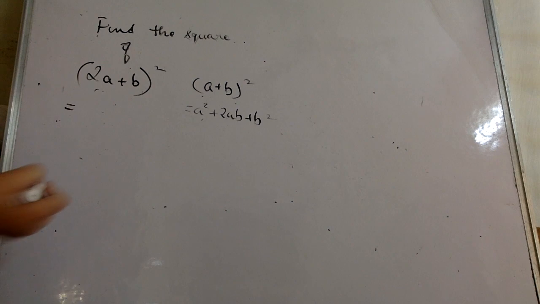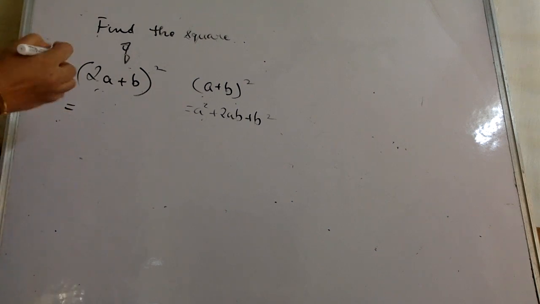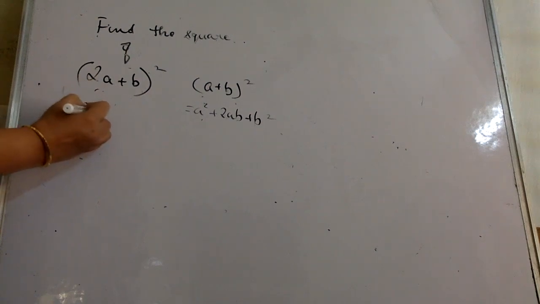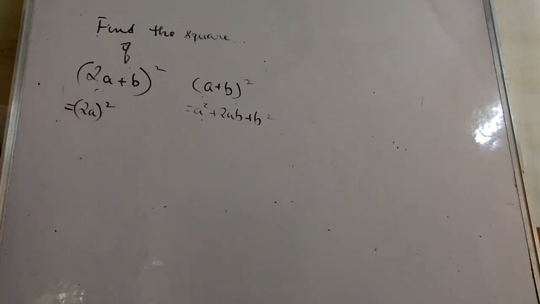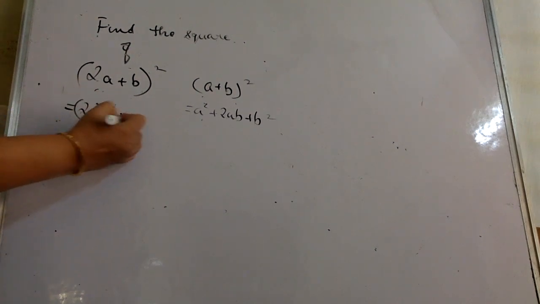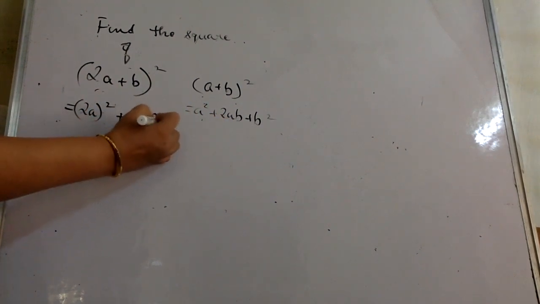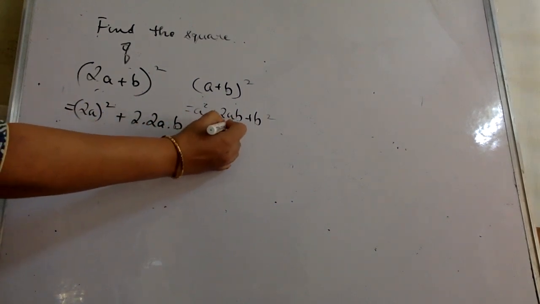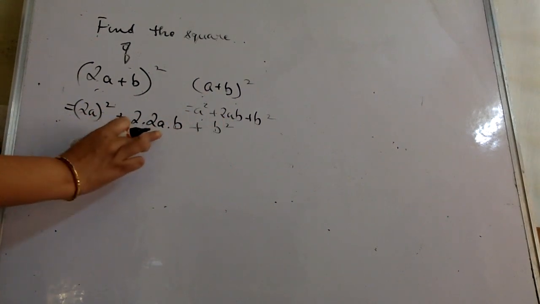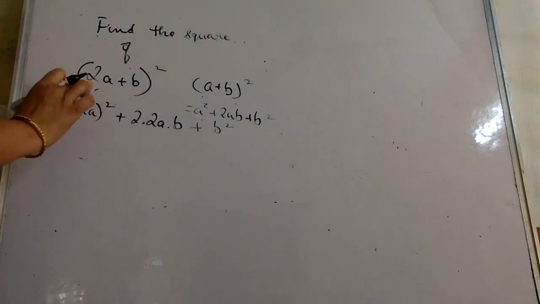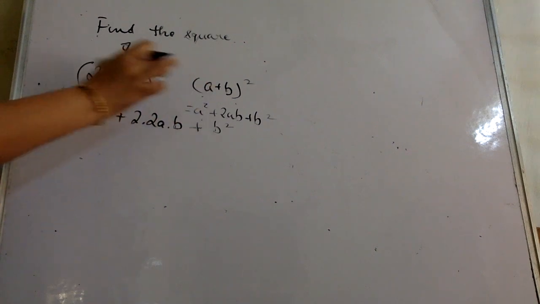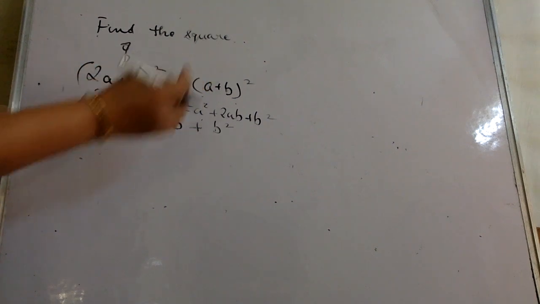So, this is now 2a plus b whole square, that is 2a, which is the first term, square of that. Then I am writing 2 into 2a and b, plus b square. This is my 2ab term. In this sum, 2a is in the place of a, and b is in place of b only.